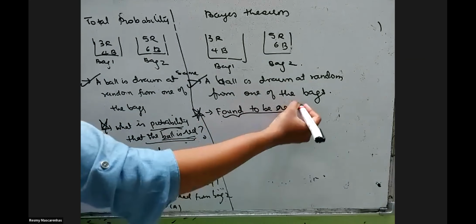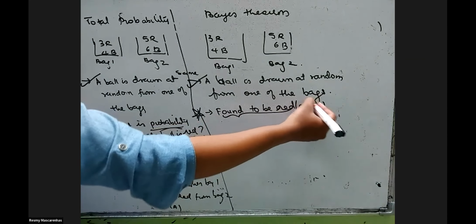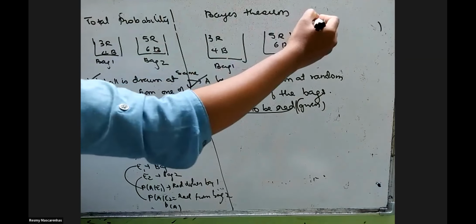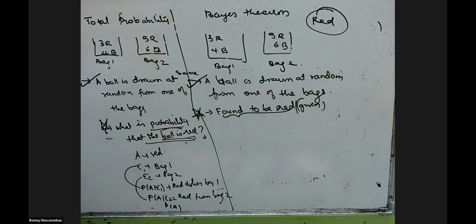This is already given. You already know that the ball which is out is red. A red ball is drawn. Here we did not know whether it would be red or black; we were finding the chances that it could be red. Here you are sure that it is red.